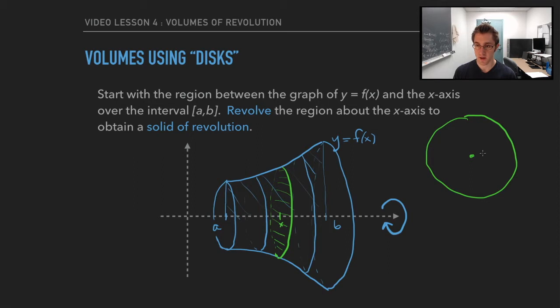And to find the area, all I need to do is figure out what the radius is. And from the way we constructed it, this radius is exactly the value of the function at x. So we get that the area of the slice at x is the area of a circle with radius f of x. So that's pi times f of x squared. Okay? So this leads us towards what's sometimes called the disk method for finding volumes of revolution.